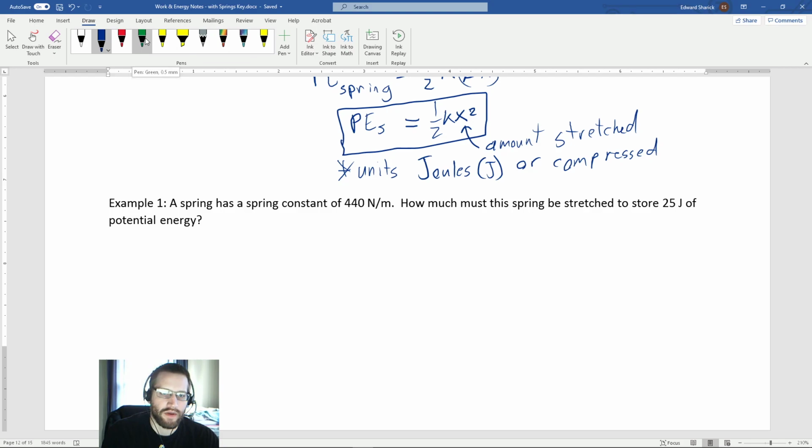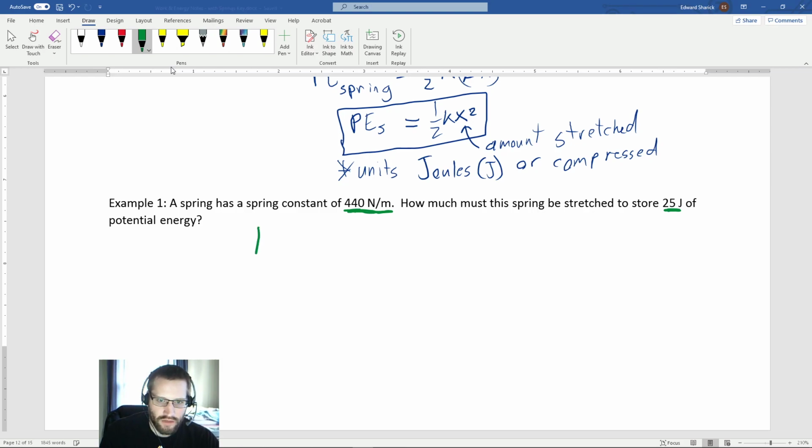There are tons of engineering applications to this. We're just trying to get this much energy stored in a spring, and we know the spring constant is 440. So how much do we need to either stretch or compress this spring to store that energy?